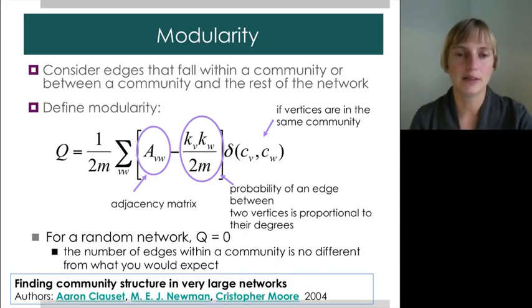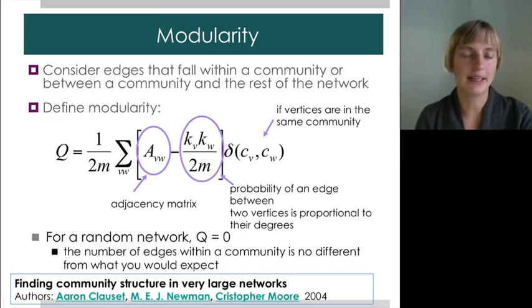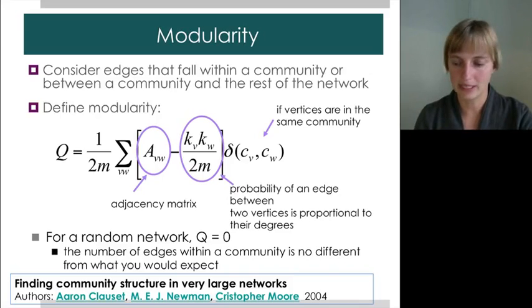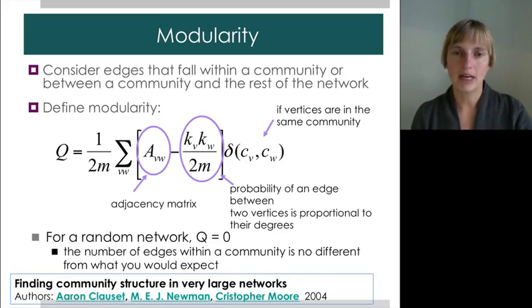So Girvan and Newman went back and formulated this measure of modularity, which tells us that at some point we're going to maximize this quantity. When we do that, we have the most edges within the communities, much more so than you would expect at random with this particular community partition.